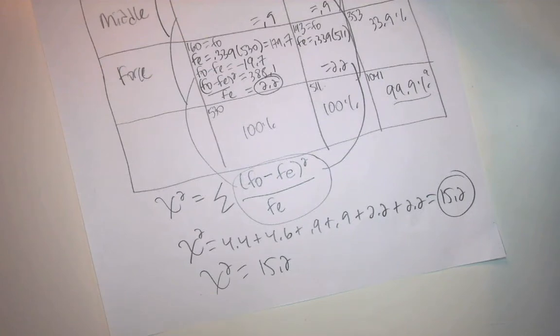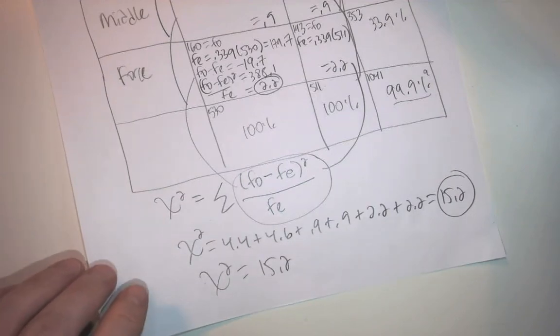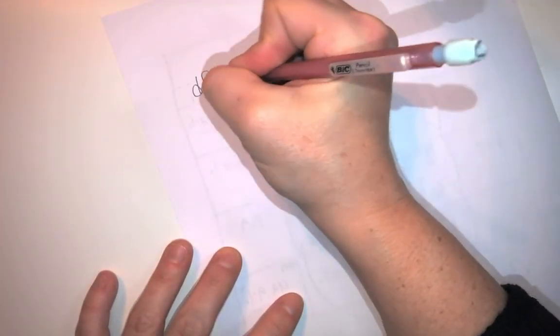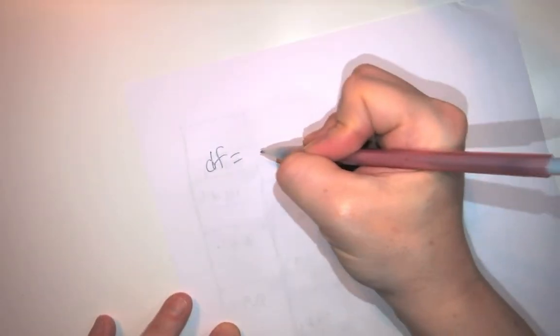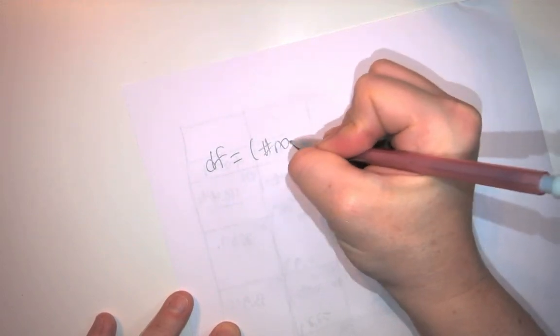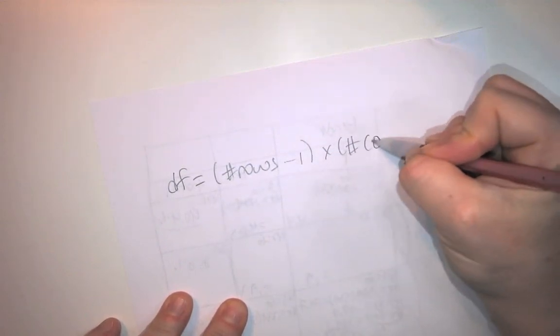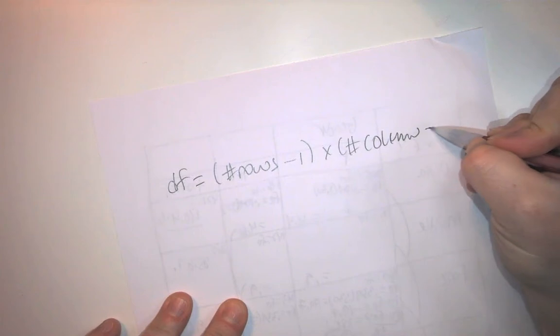But I am not done there. All this does is give me a test statistic. Now I have to see if this test statistic is significant or not. And I do that the same way that I did with a t-table or t-test, and I look at my degrees of freedom. For a chi-square, your degrees of freedom equals number of rows minus 1 times number of columns minus 1.